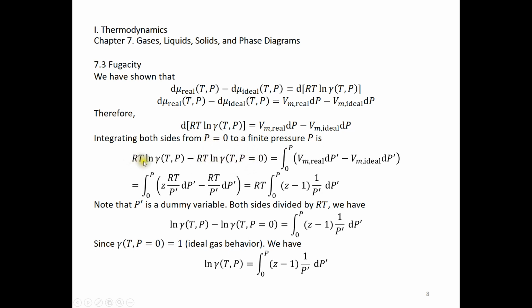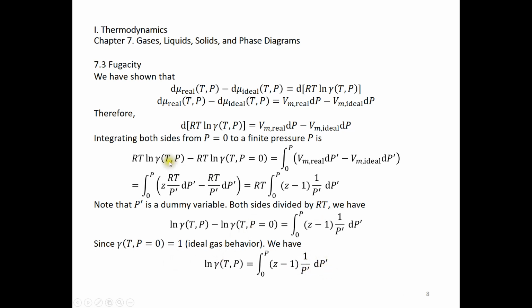So we just have RT times the natural logarithm of gamma is equal to this integral times RT. So RT and RT cancel, right? RT and RT cancel, and then we have the final expression. The natural logarithm of gamma is equal to the integral of Z minus 1 over P prime dP prime.